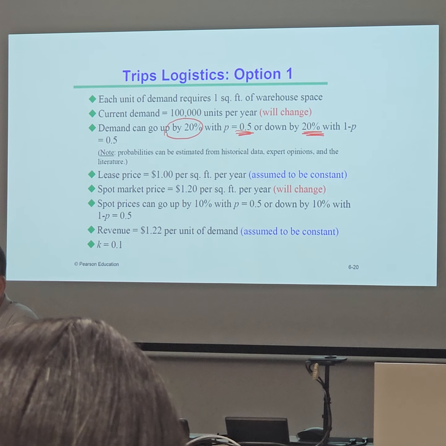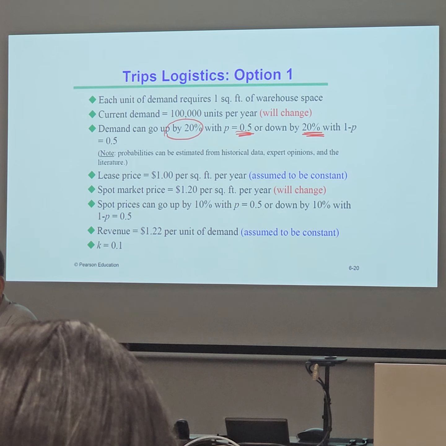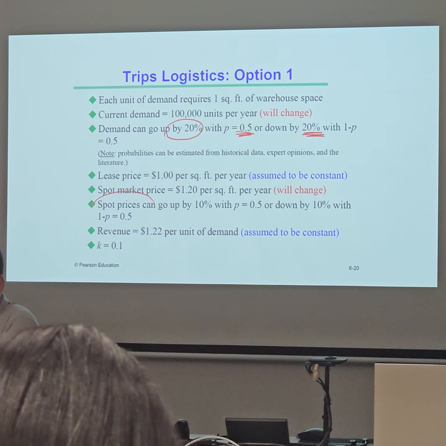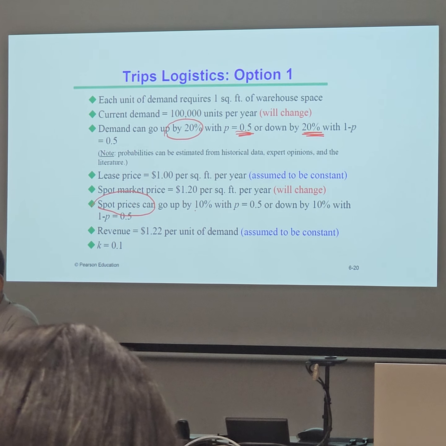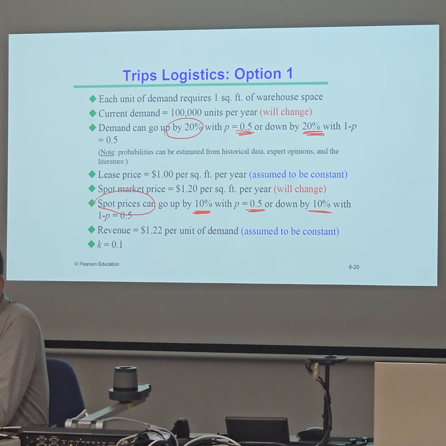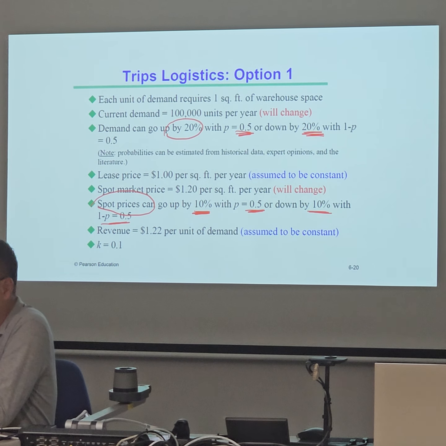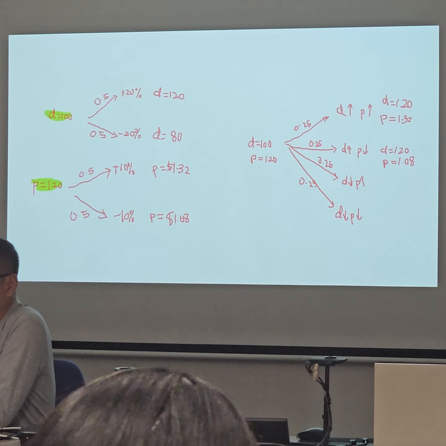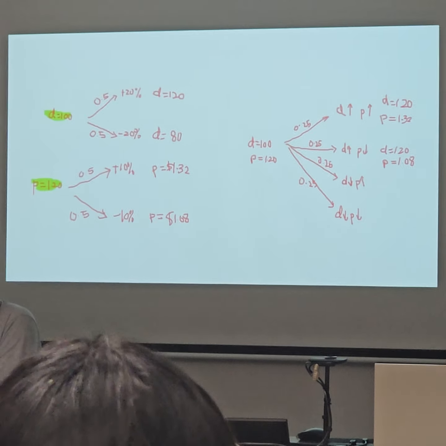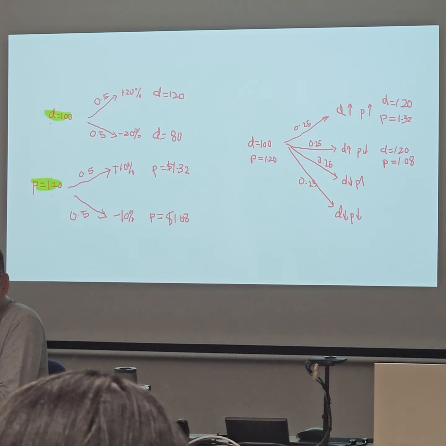Okay. Then another one, the spot price can go up by 10% with 0.5 probability, and can go down by 10% with the other probability. Okay. So currently the demand is 100.